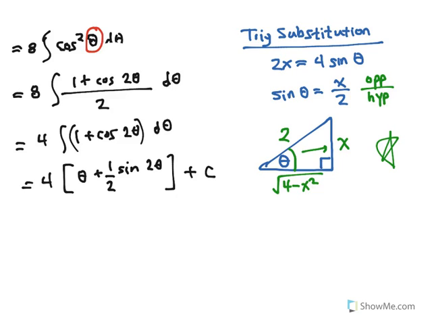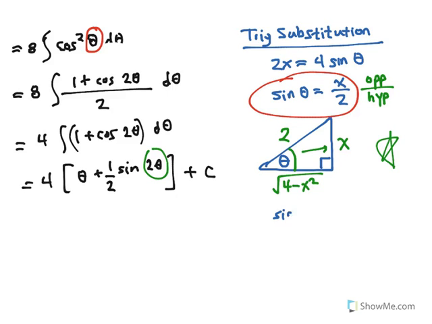But to use it, we have to have an angle of theta. We will deal with theta in a different way than what we're going to do to deal with sine of 2 theta. So let's talk about theta first. How can you write theta in terms of x? You're going to use your trigonometric substitution.